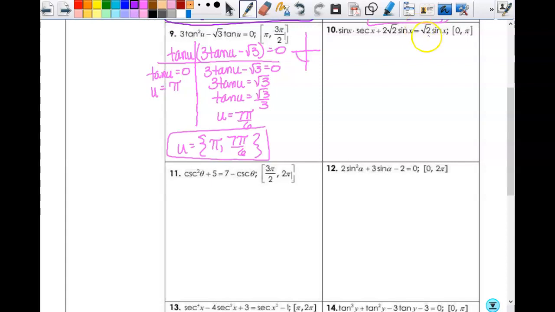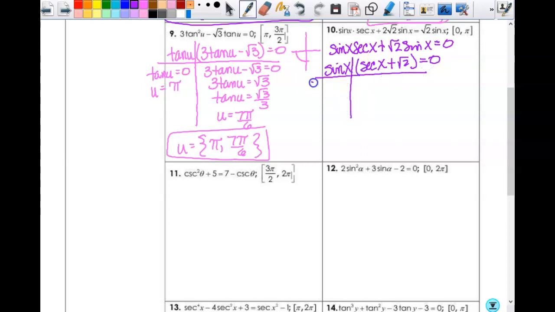So I'm going to get sine x secant x plus square root of 2 sine x equals 0. Now that it's equal to 0, I can factor out the GCF. This gives me sine x times secant x plus the square root of 2 equals 0.